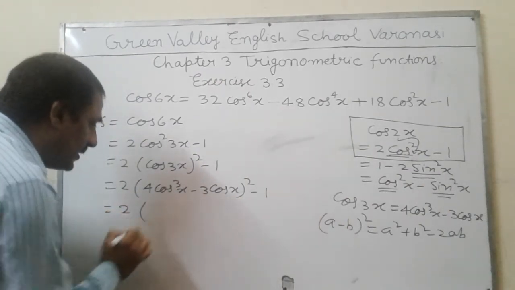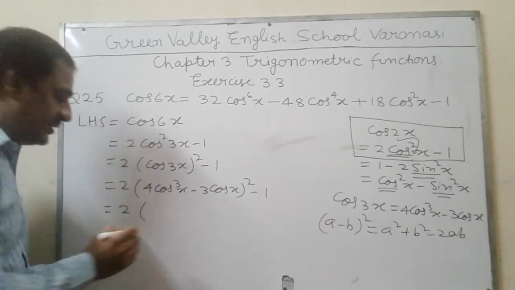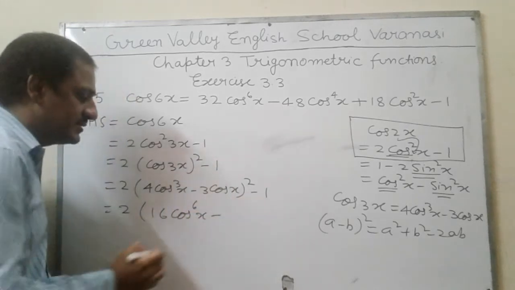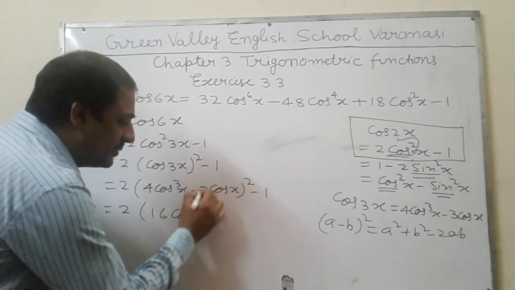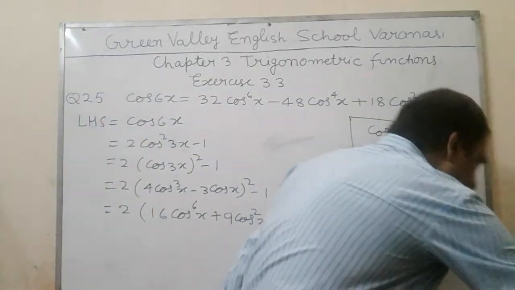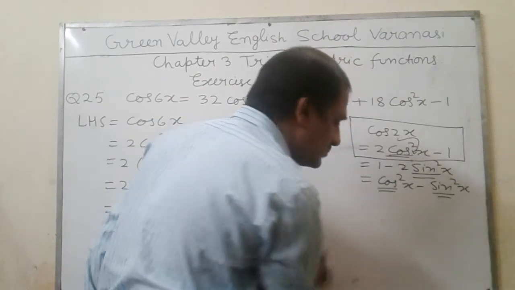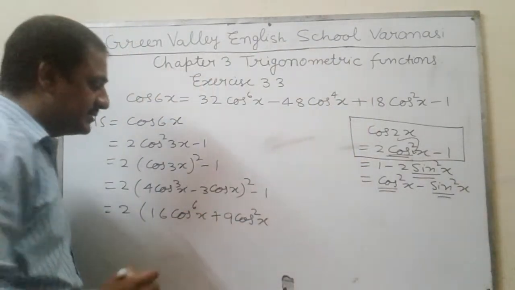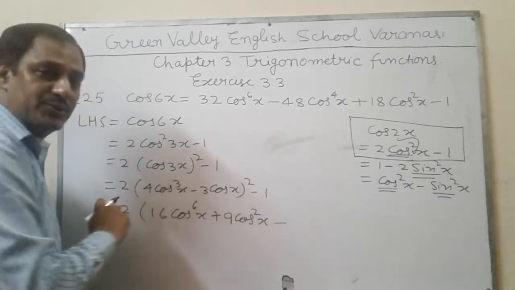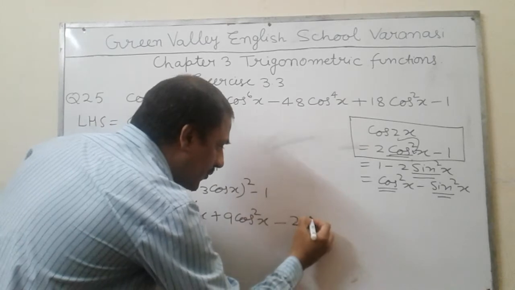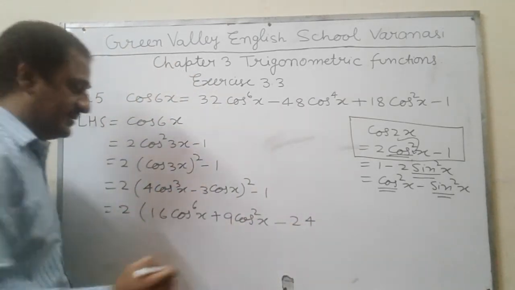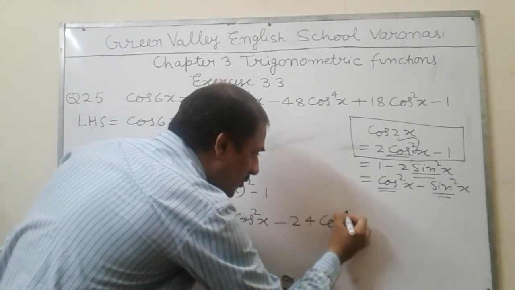The square of 4 cos cube x is equal to what? 16 cos to the power 6x plus b square, 9 cos square x, minus 2 times this into this. 4 3s are 12, 12 2s are 24. 24 cos to the power 3x into cos x is equal to cos to the power 4x.